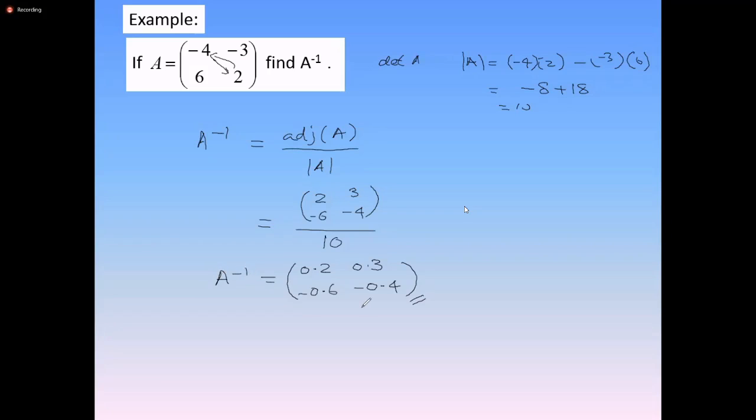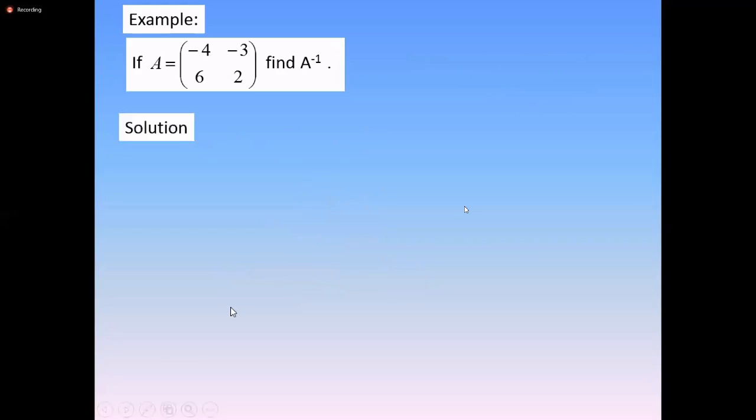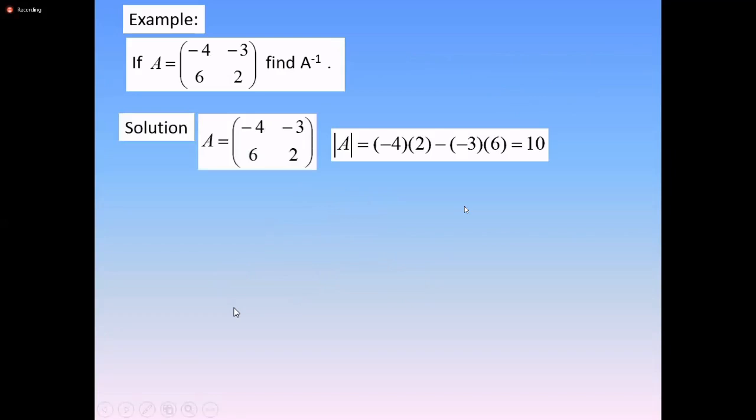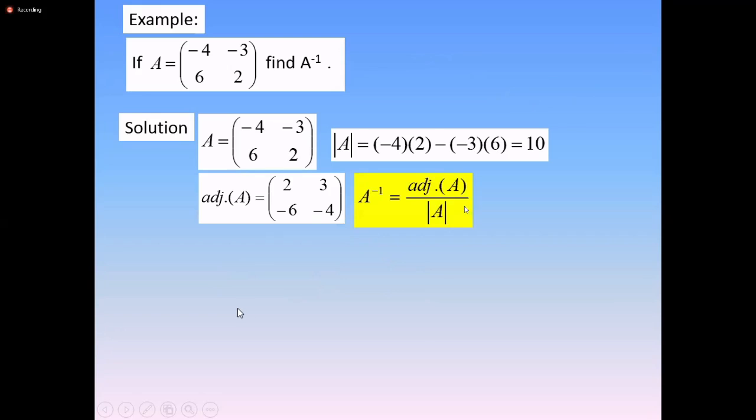How to calculate the inverse of a given matrix using the adjoint: the determinant of A is 10, and A inverse is equal to the adjoint matrix divided by the determinant of A.